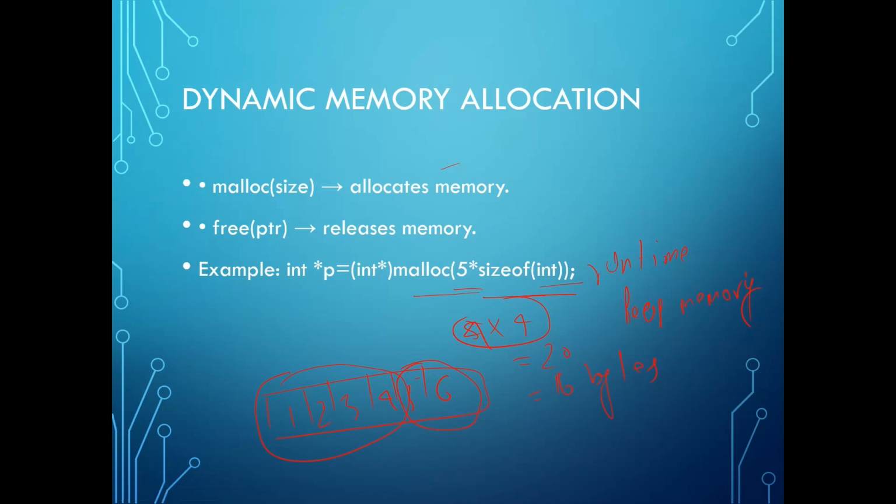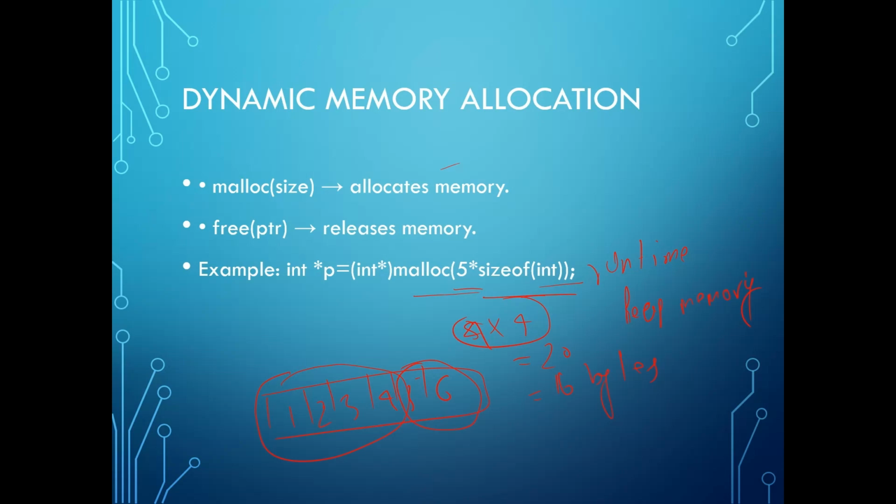And second, with dynamic memory allocation, the size of the array can be increased if more elements are to be inserted and decreased if fewer elements are inserted. That's why it is dynamic in nature. There is no need to estimate the maximum possible size. The size can be set at running time according to the requirement.